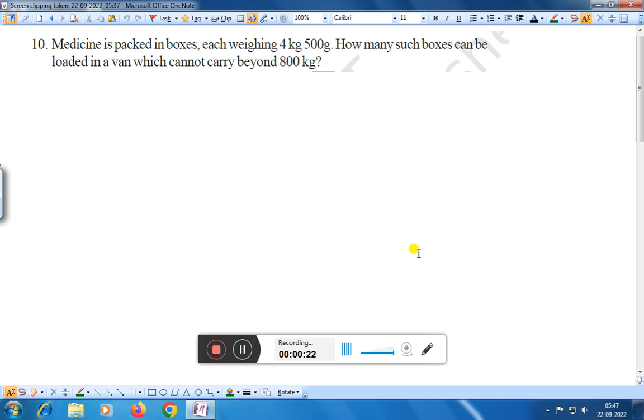Now, the total weight the van can carry. This is the solution of the problem.